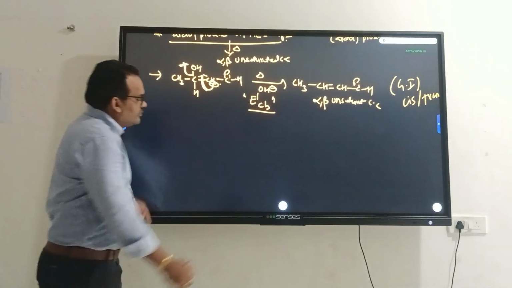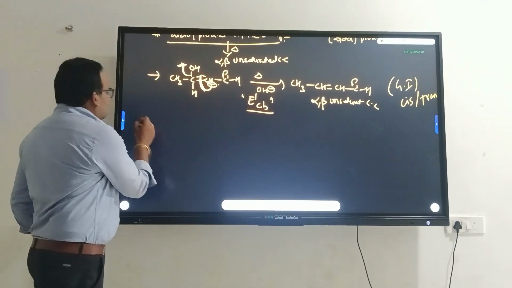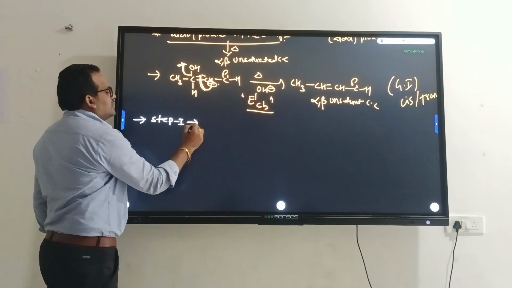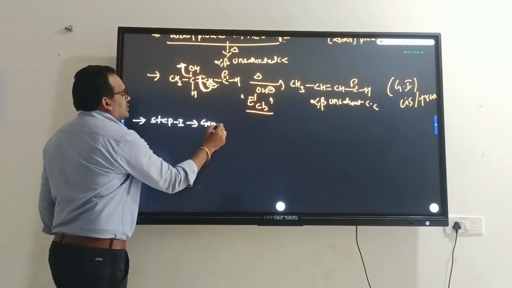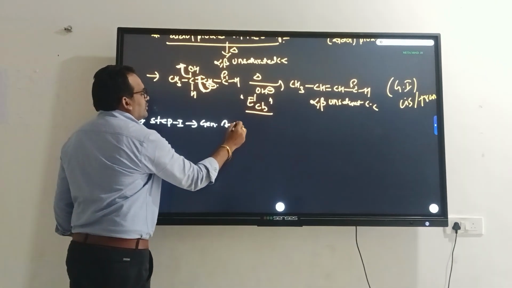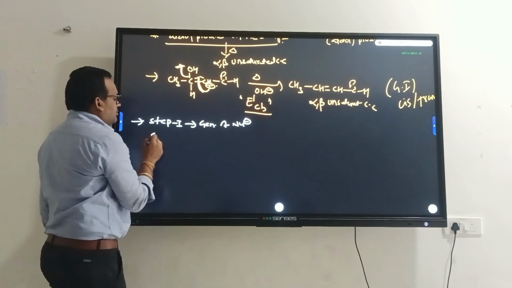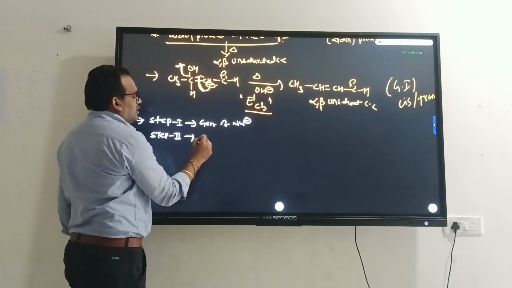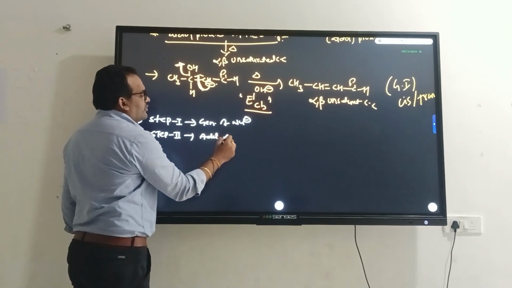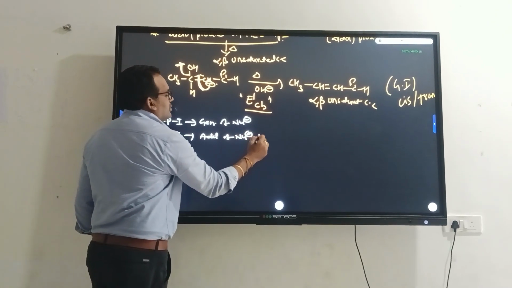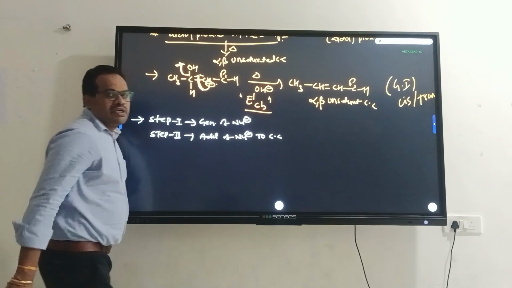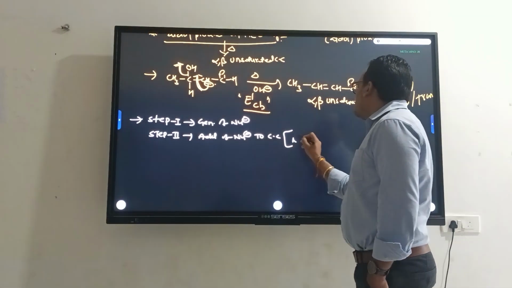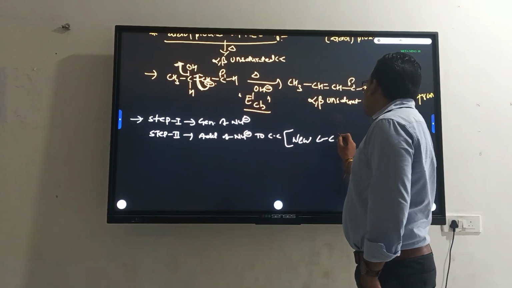So what are the steps, children? Step 1 is the generation of the nucleophile, and step 2 is the addition of the nucleophile to the carbonyl compound. In this case, a new C-C bond will form.